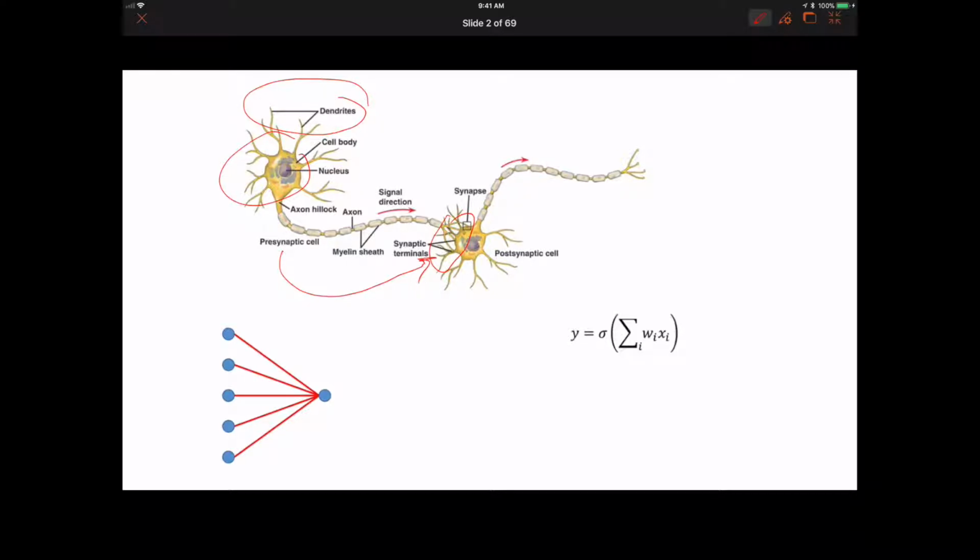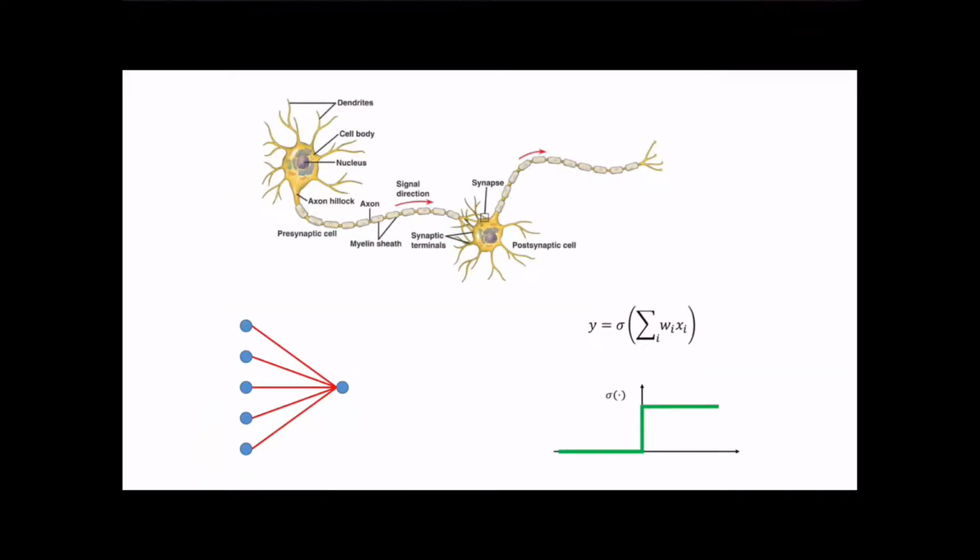However, what AI does is a highly simplified version, namely, we have a bunch of inputs which synapse, quote unquote, on a node or a target cell. There are different weights associated with these inputs, and mathematically you count all the weights, and if they exceed a certain threshold, then the neuron will fire.